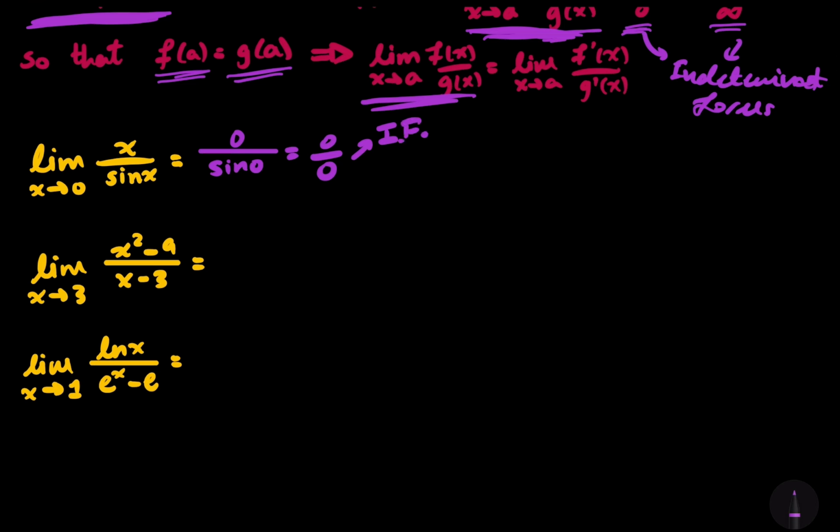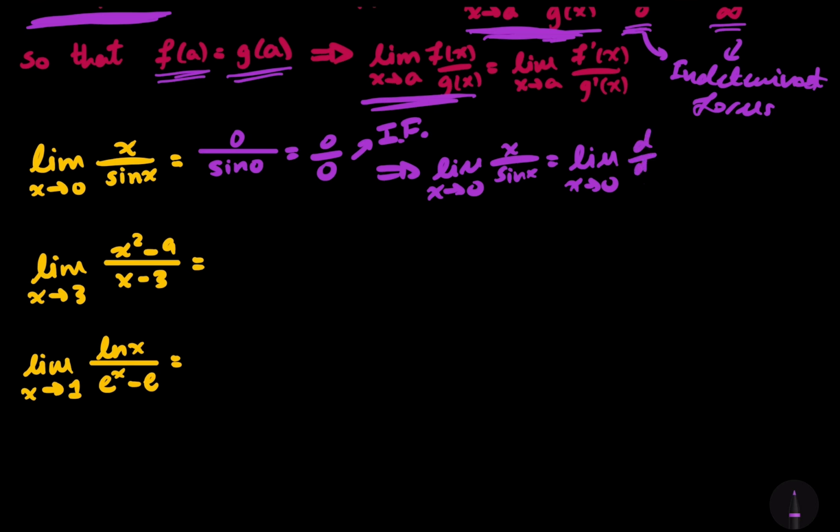And so the way that we could evaluate this then is just by taking the derivative of the numerator divided by the derivative of the denominator. So then this tells us that this limit as x approaches 0 by L'Hopital's rule of x over sine of x is given by the limit as x approaches 0 of the derivative of the numerator divided by the derivative of the denominator.